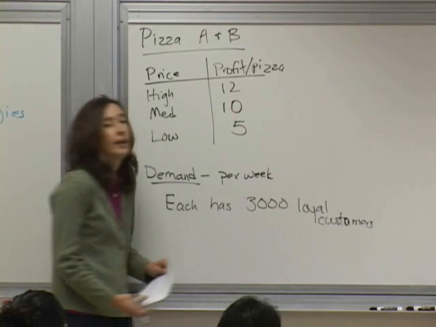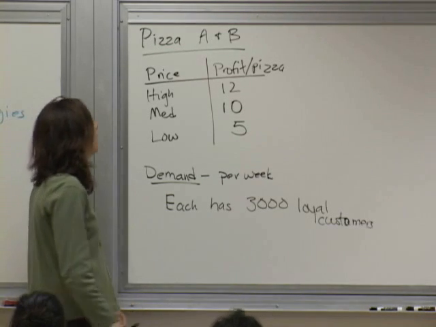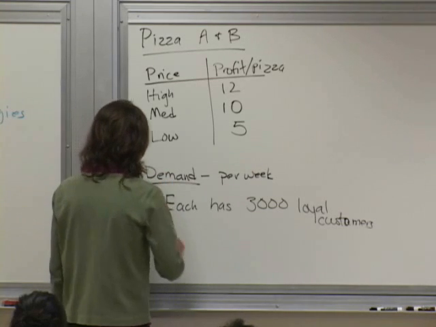Okay? So loyal customers, what does it mean to be a loyal customer? It means they like my pizza. If I'm Pizza A, they're not buying from Pizza B. No matter how high my price is, they are loyal. They like how I do it. They're not going to buy from Pizza Company B.